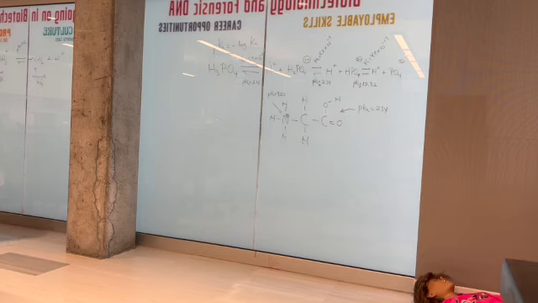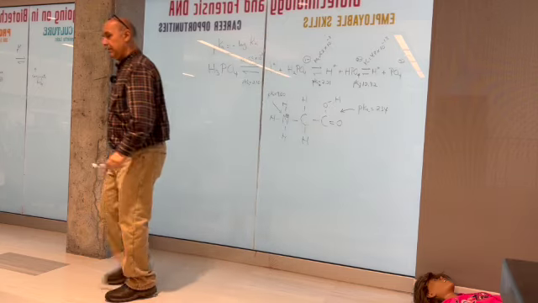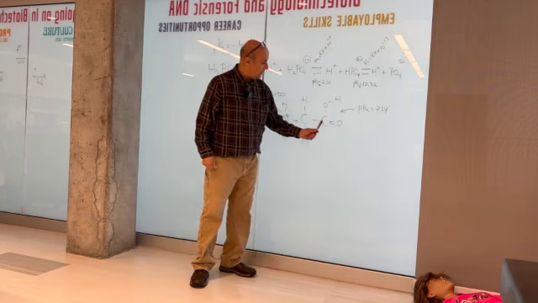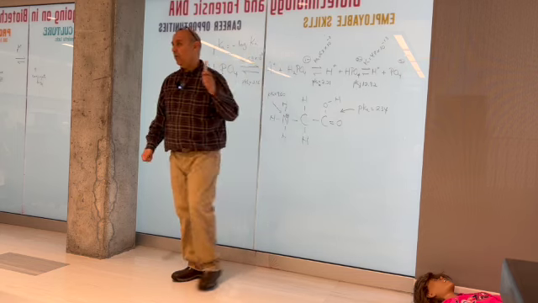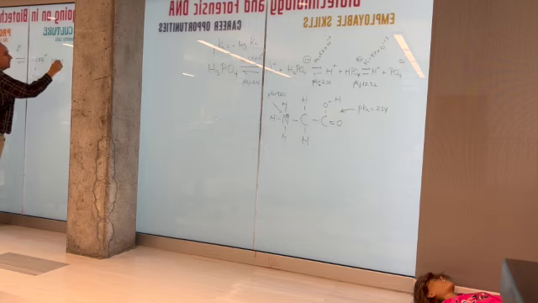So let's do it for the carboxyl group. And I guess I'm going to use the same notation. So we have COOH, and if we remove this proton, we have COO minus. So the acid, COOH, the base, COO minus plus the proton.